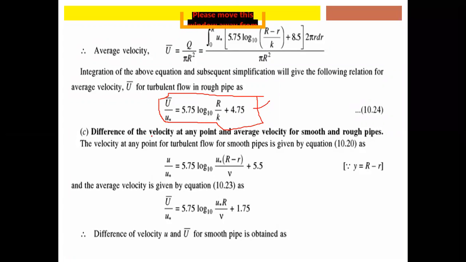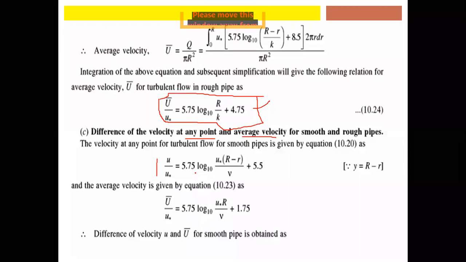Now the difference between the velocity at any point and the average velocity, for smooth and rough pipes, taking both values, the difference of the velocities can be given as u by u star is equal to 5.75 log 10 of u star (R minus r) by v plus 5.5.